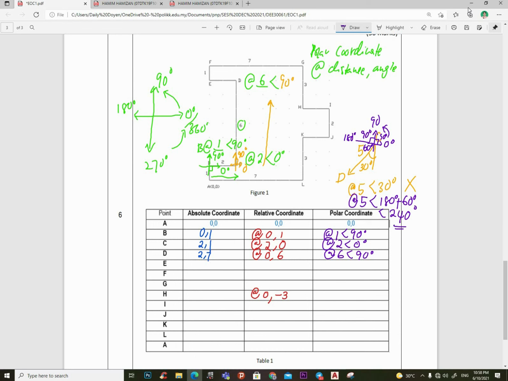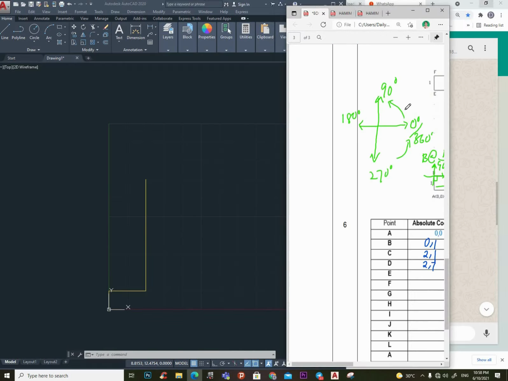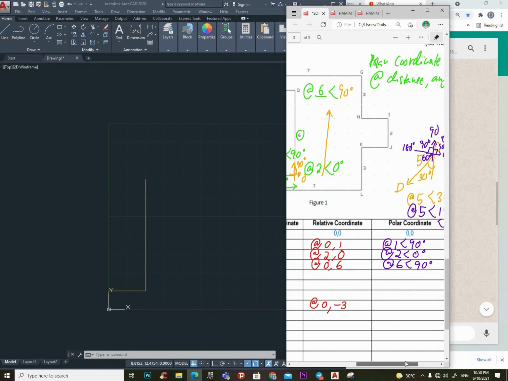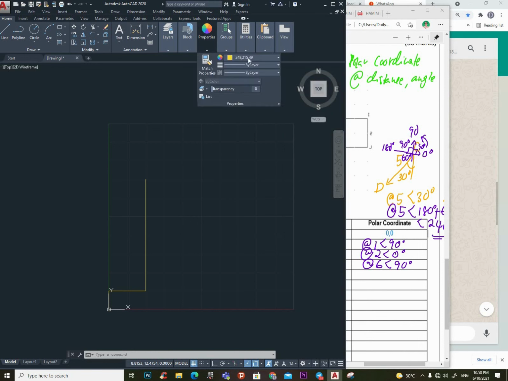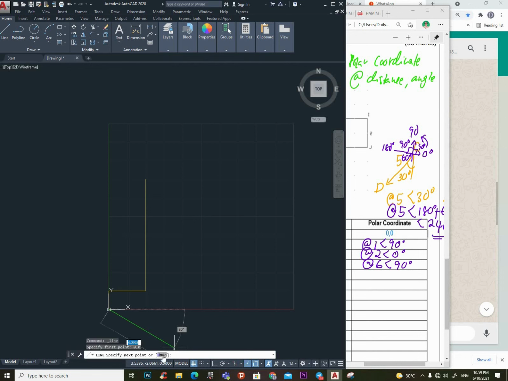Okay, so let's try to draw it in AutoCAD. Now I'm going to use a different color again. We'll try green color. The same command, which is line. So the first point is 0,0. Second point, type in @1, and this is the symbol of angle.